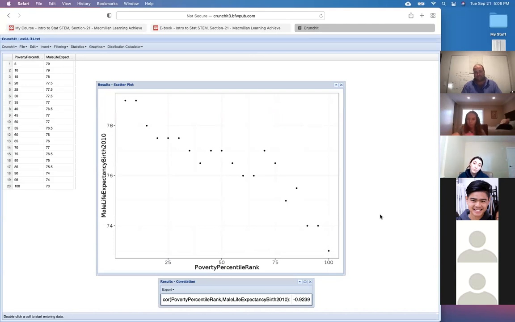It's actually interesting. The last data on my calculator looked strong, but gave me an R squared value of 0.65, which is moderate. This one looks moderate, but gave me an R squared value of 0.85, which is strong. So again, we use eyesight to have a general idea, but we use the calculator or StatCrunch to get the actual value, because nothing beats the actual value.